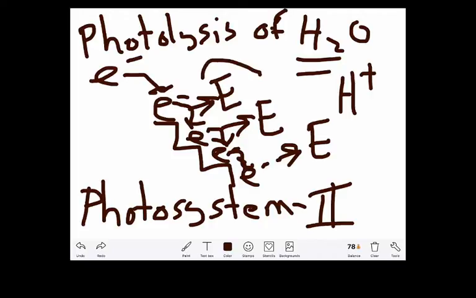The energy produced by the flow of electrons down the photosystem, the electron transport chain, is going to move hydrogen to one compartment of the thylakoid membrane.